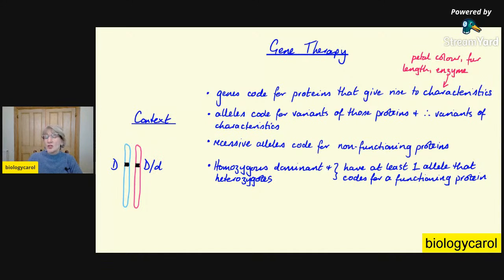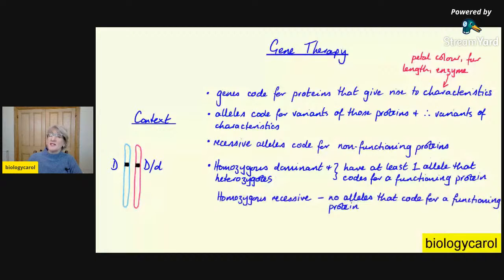You therefore have two copies of each gene, both of which get expressed and get turned into proteins. So does it make sense that both homozygous dominant individuals and heterozygotes both have at least one allele that is going to be able to code for a functioning protein? Homozygous dominant individuals and heterozygous individuals have the working protein being made, and therefore they display the dominant characteristic because the protein's working.